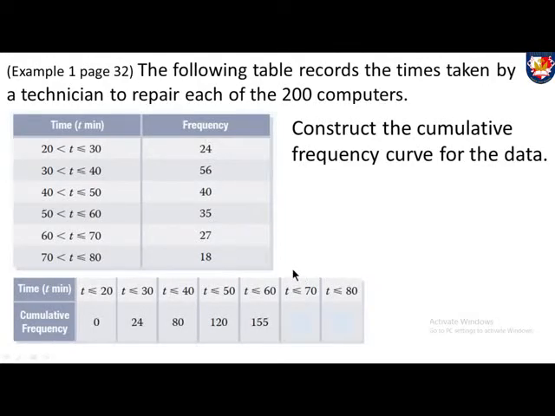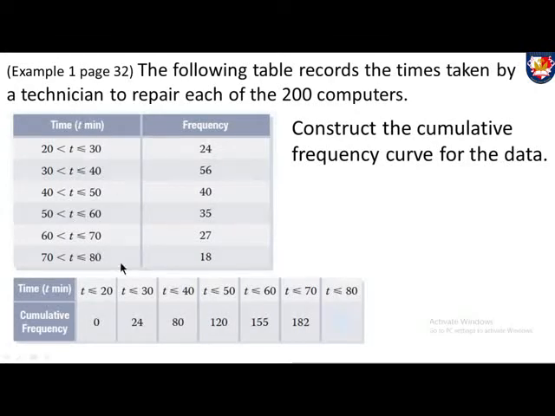And the same technique to find T less than 70. That means you need to add all these rows together: 24 plus 56 plus 40 plus 35 plus 27 equal to 182, and you write 182 here. And the last, T less than 80.